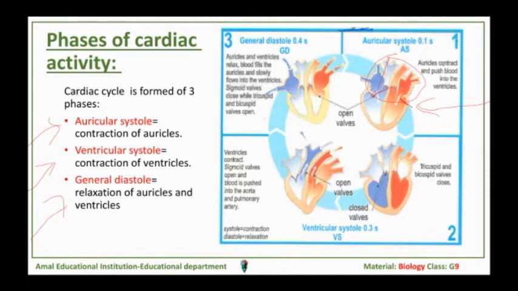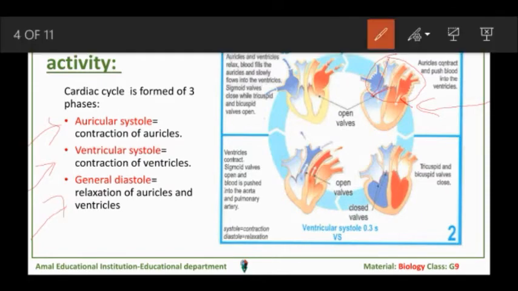As I said, in auricular systole, the auricles contract and the blood is pushed toward the ventricles. In ventricular systole, here number 2, what happened? The ventricles contract to push the blood to the arteries.